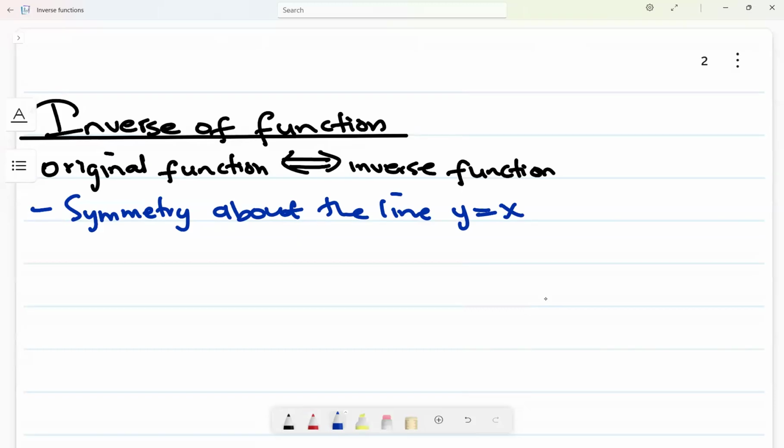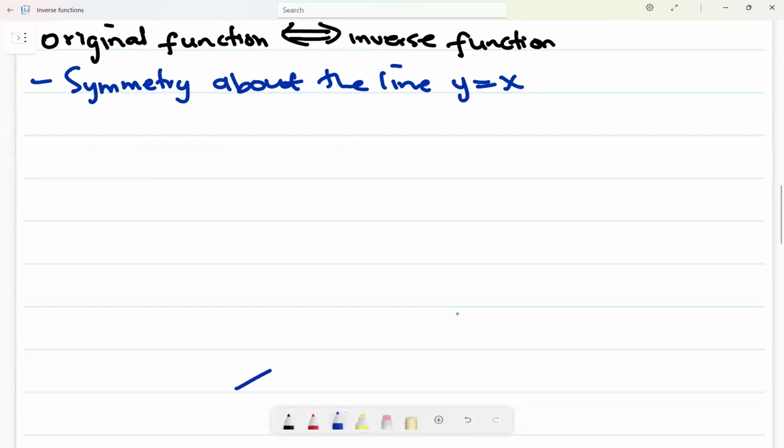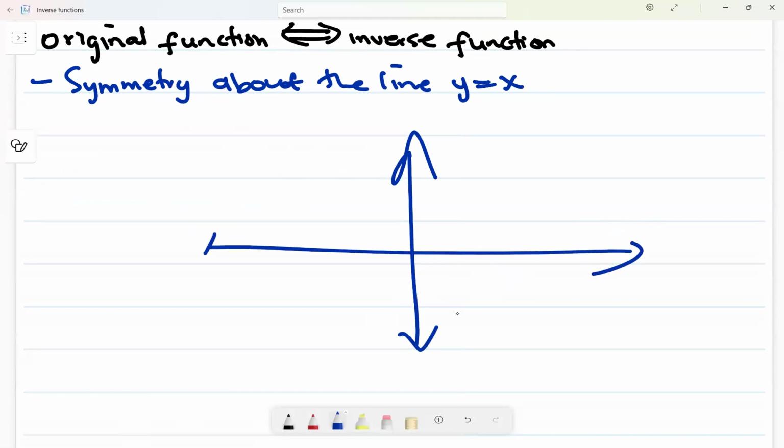What exactly is the line y is equal to x? We want to look at that. It is a line that passes exactly through the origin. When I draw my function like this, it is a line that passes exactly through the origin.